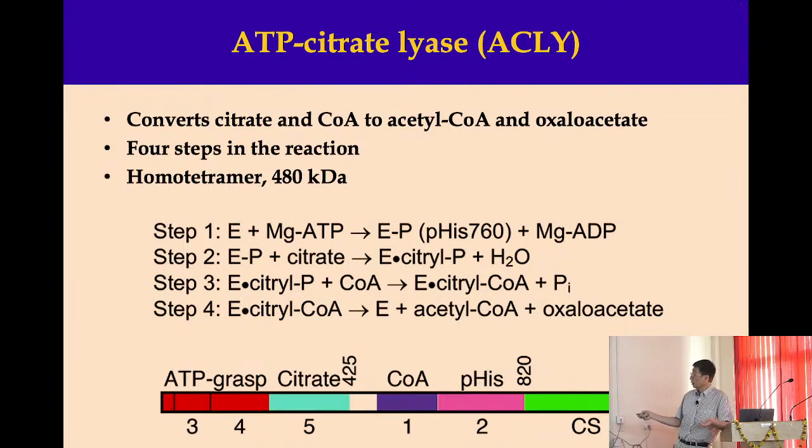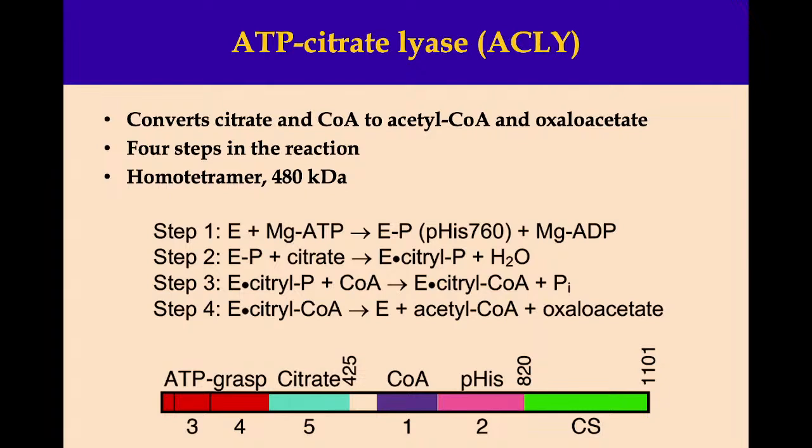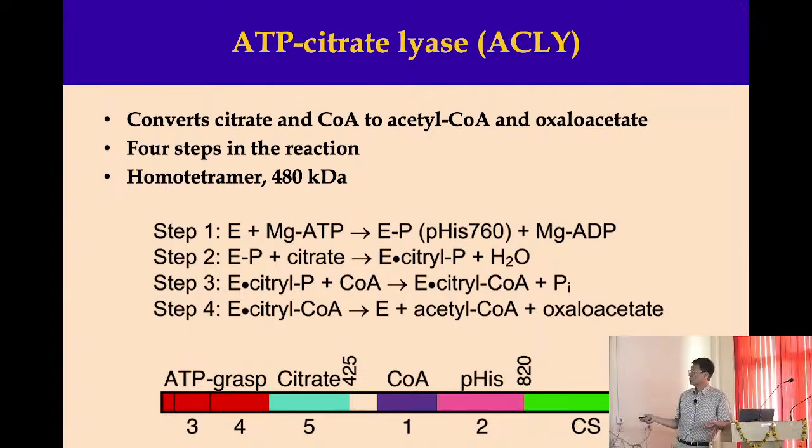The pink domain contains the histidine, which is phosphorylated. And for the C-terminal green domain, not enough is known about it, but it has sequence homology to citrate synthase. That's why it's called the CS domain, citrate synthase domain. But as I'll show you later, it's not really a citrate synthase.